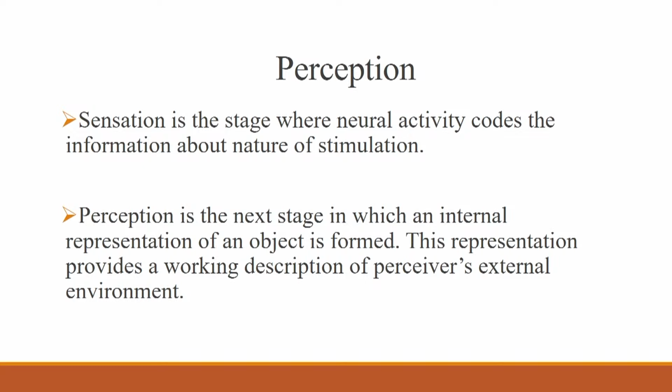Elaborating on that, you are making an internal understanding of whatever you are seeing outside. Some interpretation is happening in your brain, and it provides you with the appropriate or best perception according to your external environment as well as your experiences. In sensation, you saw that the role of the physical environment is more.